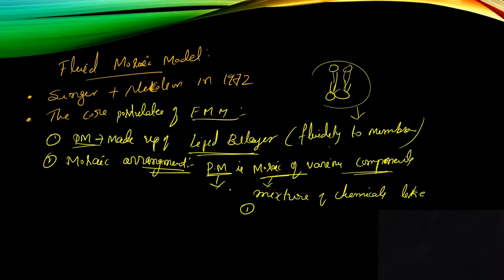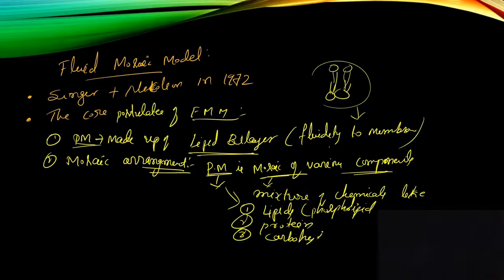The first one is that the plasma membrane is made up of lipid, in the form of phospholipid. The second one is protein, and the third one is carbohydrates.